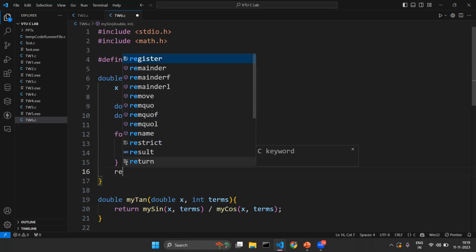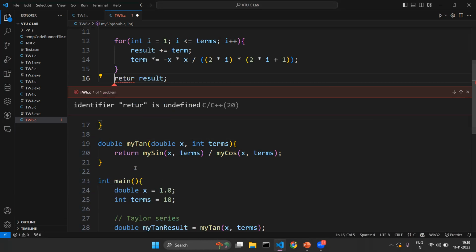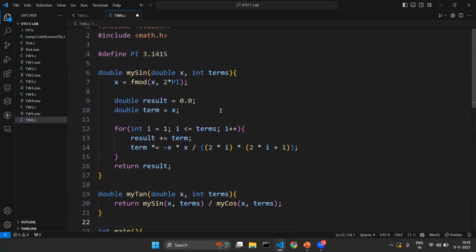After this, the for loop returns the result. Yes, I think it is correct over here. We have successfully found the Taylor series expansion for my sine function, which is nothing but sine of x for a given number of terms.